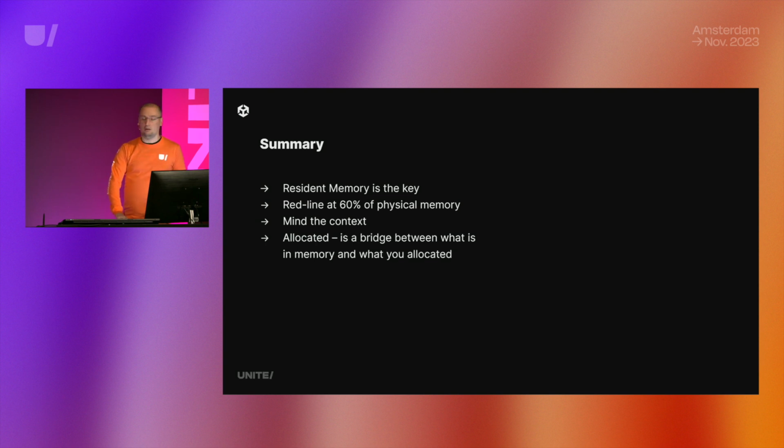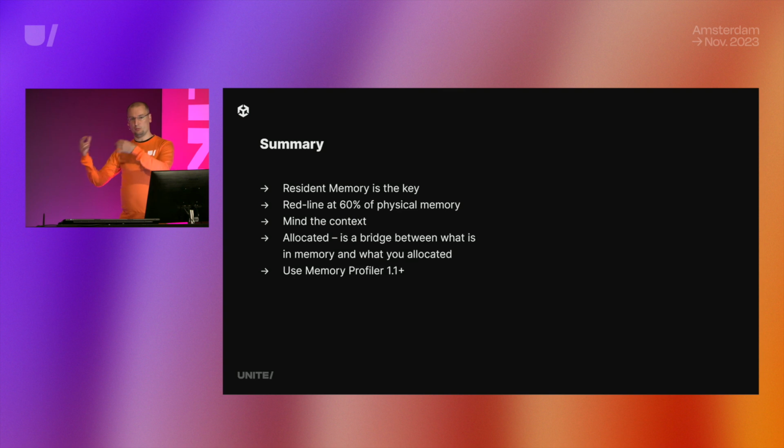And obviously, resident memory doesn't work with graphics allocations, and if we want to show graphics allocations, we need to keep allocated as well. And use Memory Profiler 1.1. It provides more detailed and correct information compared to older versions. You can use it even with older snapshots, so it doesn't require the latest Unity.